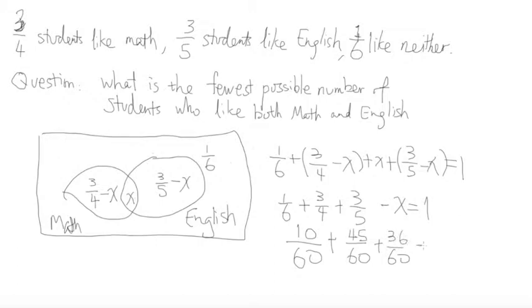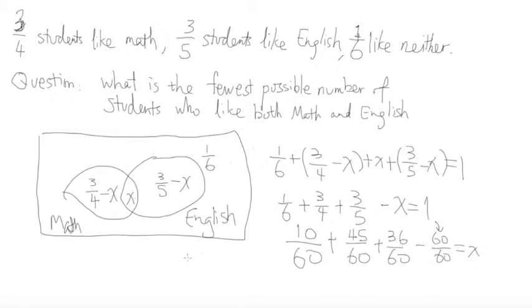And we'll just move the 1 to the left and move the x to the right. 1 is 60 over 60. So add the numerators: 10, 45, 36, that's 91, minus 60.